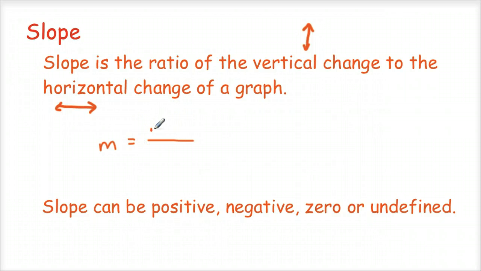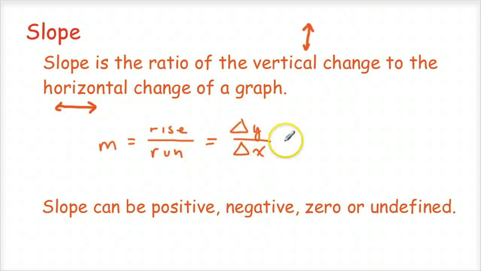You've probably heard it defined as rise over run before. That's a popular way to refer to slope. Another way that you can see this written is delta y over delta x. Delta is a Greek letter, looks like a triangle basically. And in mathematical symbol language, it means the change of or change in something.